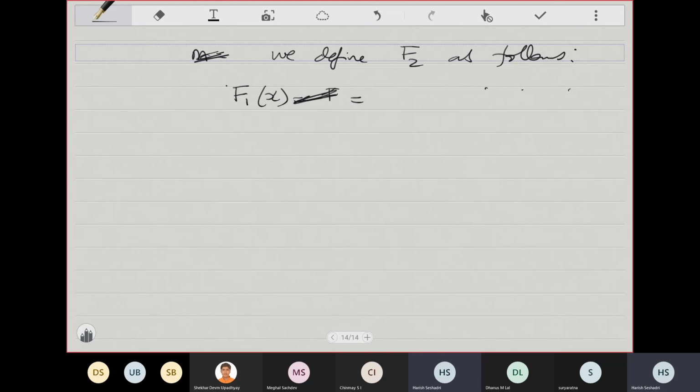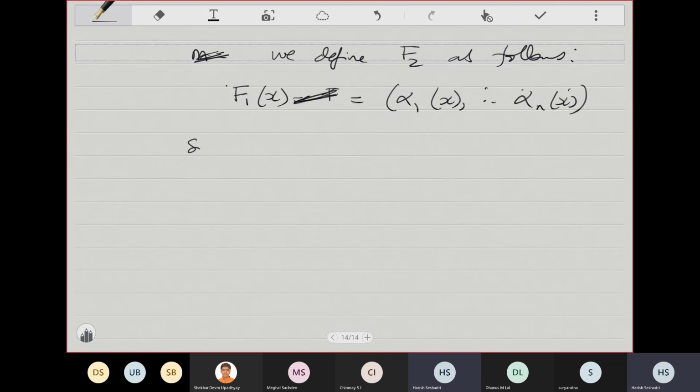I won't keep on writing f(x). f1(x) is (alpha_1(x), ..., alpha_n(x)). So I have the full set of component functions. I've not really improved anything. So let us try to get rid of this alpha_1 and make it x1. That would be the immediate goal.